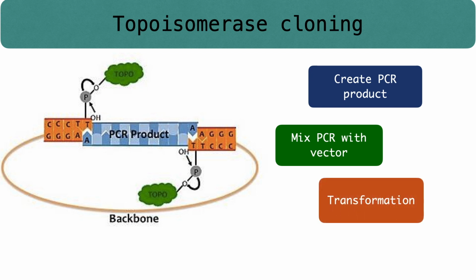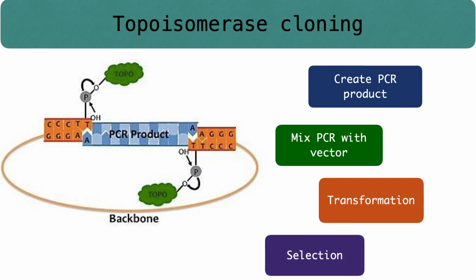After we mix and incubate, we have to transform this recombinant into the specific host cell. Then after transformation, we have to do the selection in the same way I mentioned earlier. In topoisomerase cloning, this is convenient and easy. If the vector has the CCDB gene and our recombination is successfully ligated, then the CCDB gene will be disrupted and our recombinant will happily grow in the media.